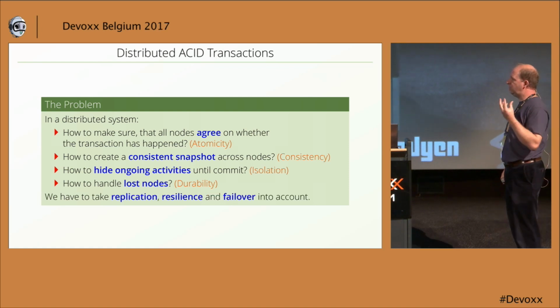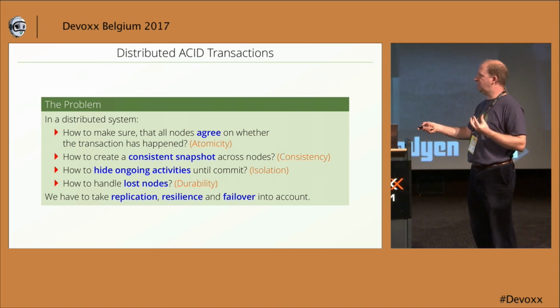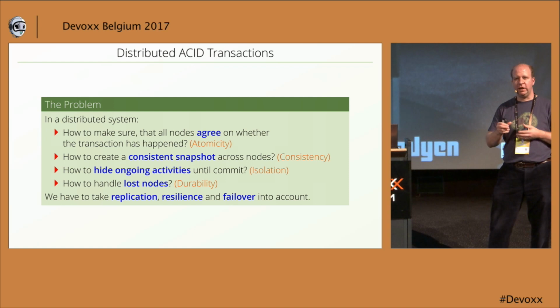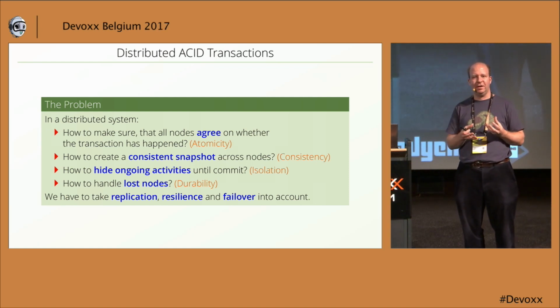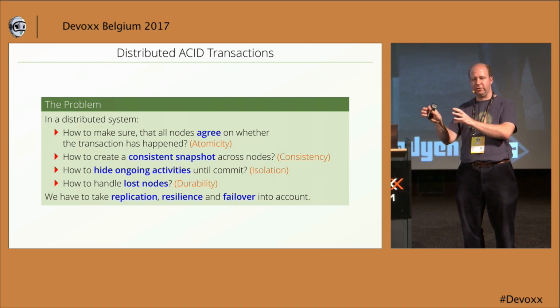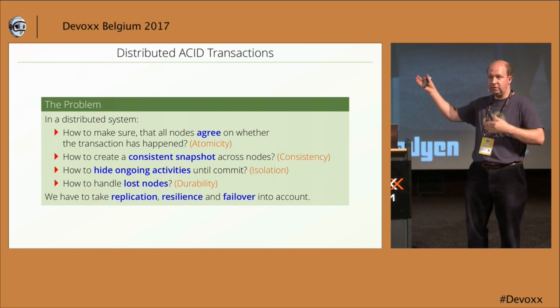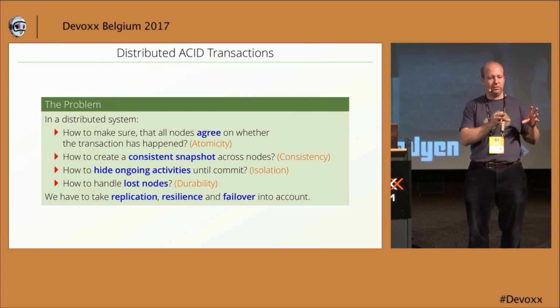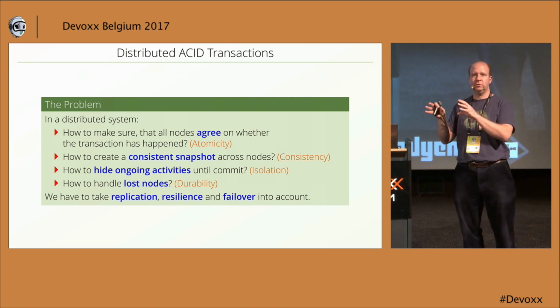So therefore, in this whole transaction business, in a distributed system, you have to take into account replication of data, you have to take into account resilience and failover, and you have to think how your transactional behavior and the guarantees you want to give can be upheld in the presence of these problems. That is again what makes it troublesome. Like in consensus, and that is essentially a piece of consensus here, the trouble is not if things go well, the trouble is if things go wrong.